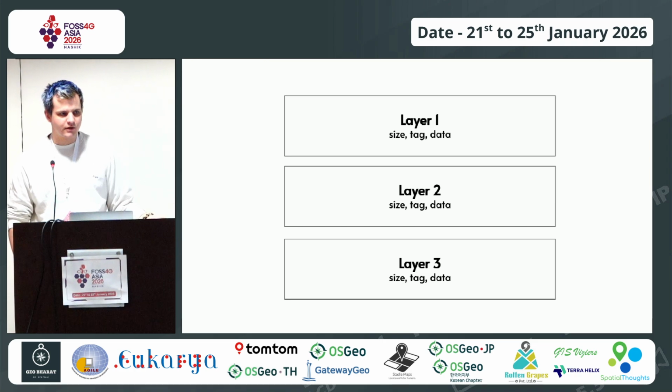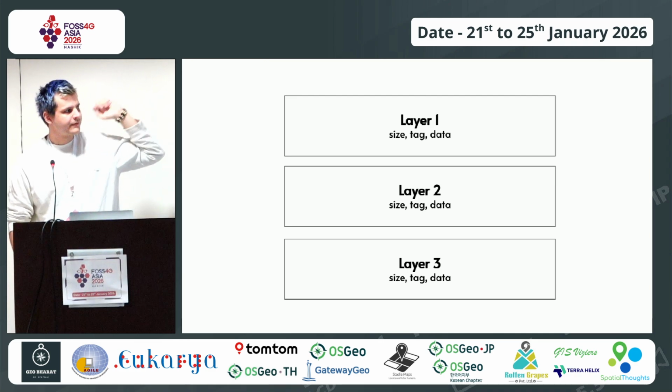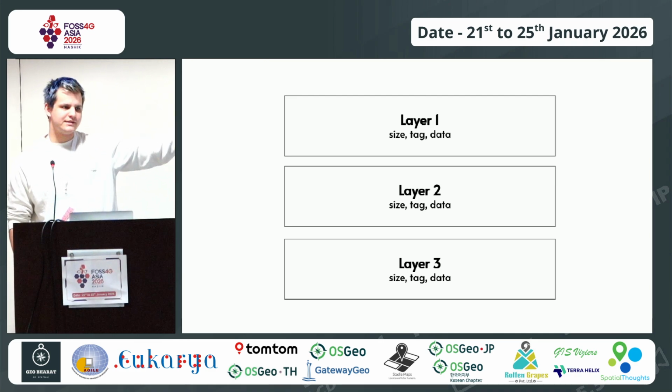There will be new encoding improvements, and we want to make this future-proof, so this tag is currently 0x1, but we will likely need to make future improvements, so that's the mechanism for adding new things to the spec. And then there's the data.